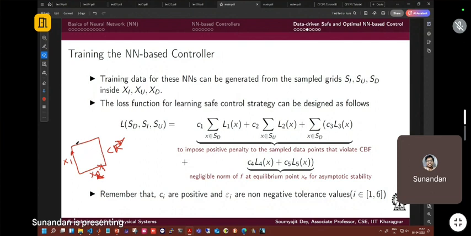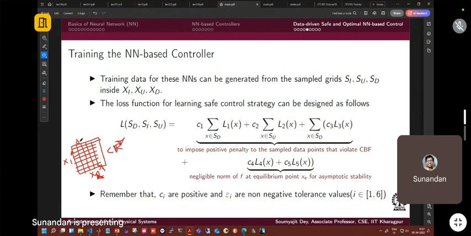When we are finding SI, SU, all these things, we are discretizing. This can be some delta that we will be using, so we are discretizing in that length.